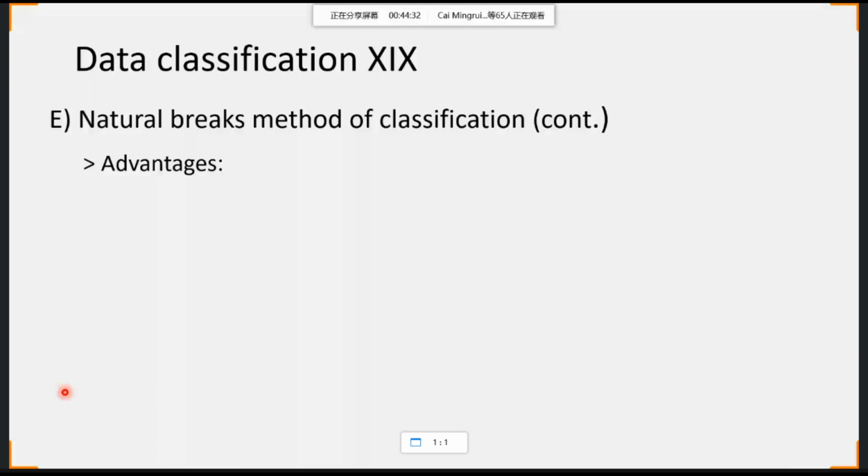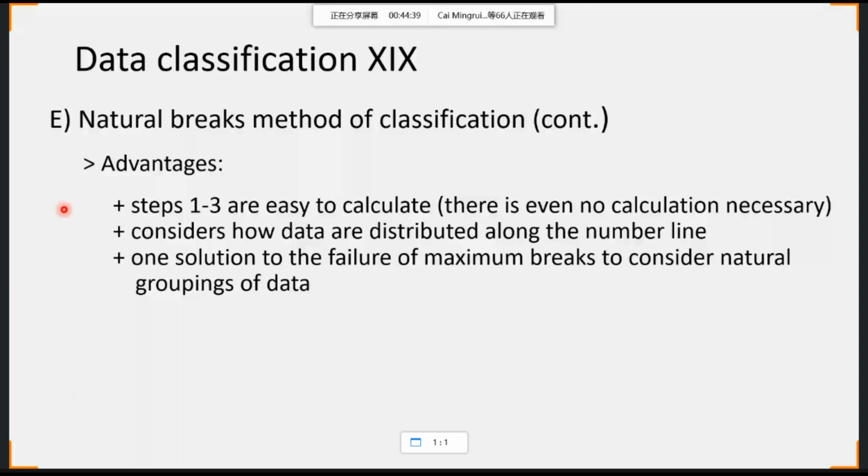The advantages of the natural breaks method: the steps are easy to calculate. There's even no calculation necessary. This is just done visually without calculation, or nearly without. So if you would like to compute the class levels at the end, then you need some smaller calculations.